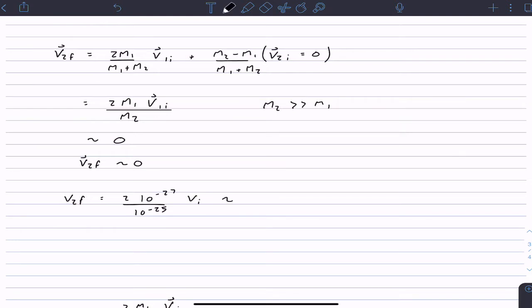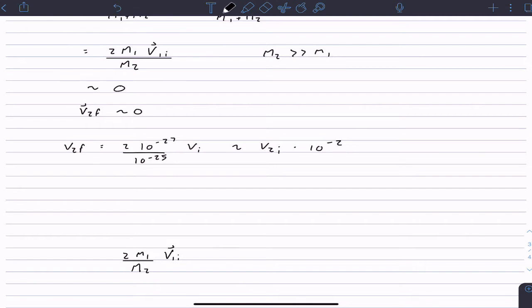So then the relationship between these, the final velocity is going to be 10 to the negative 2. So a very small number, 10 to the negative 2 times the initial velocity. So the final velocity of particle 2 would be on order of 10 to the negative 2 times the initial velocity, if we're using standard gold.